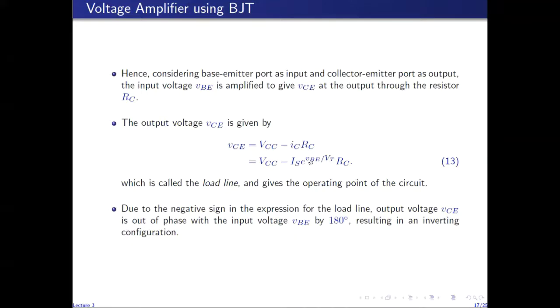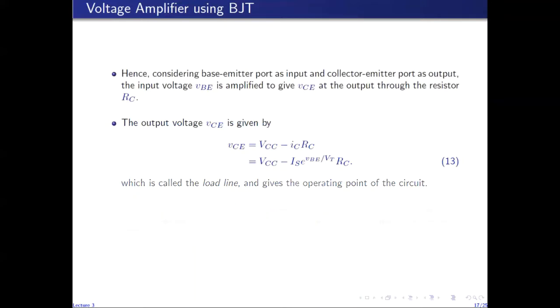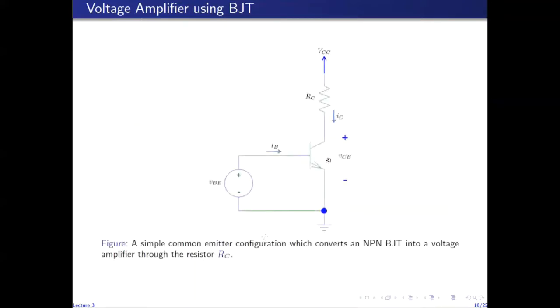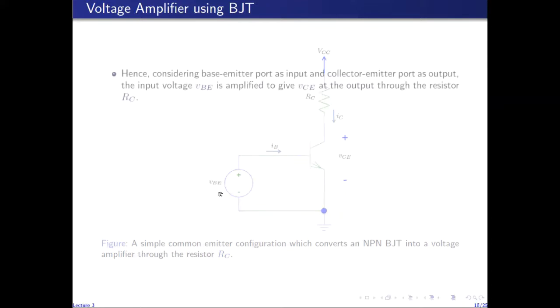So when the input voltage is increasing in the positive direction, the output voltage will be decreasing in the negative direction, and vice versa. Which is why this voltage amplifier configuration is also called the inverting configuration, because the output is an inverted amplified version of the input.